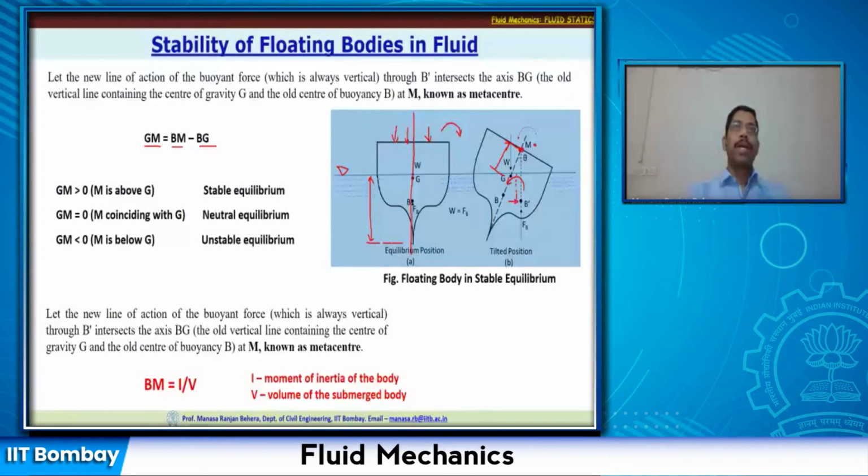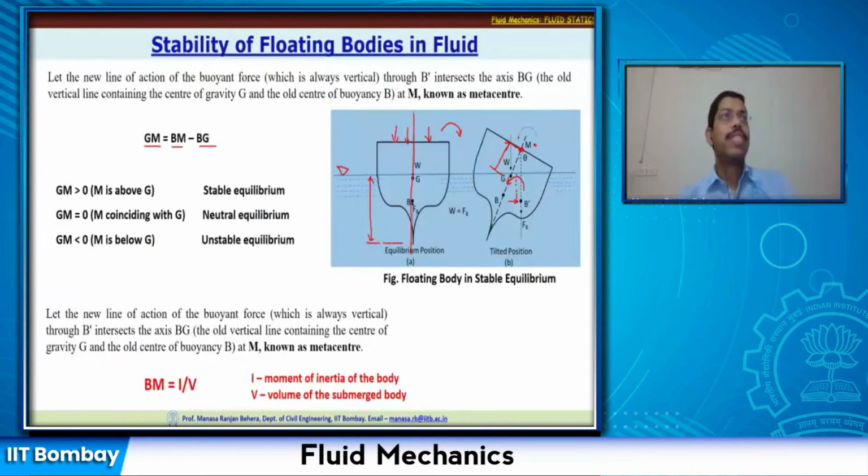We will see later. But now if we calculate Gm and then compare whether the Gm is positive, negative, or equal to 0, then we will be able to tell what the equilibrium condition is.